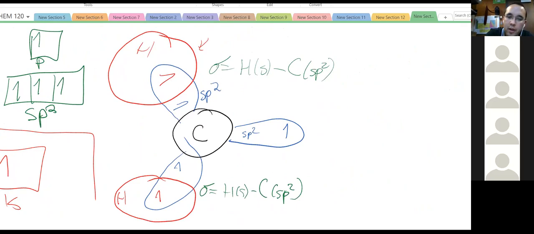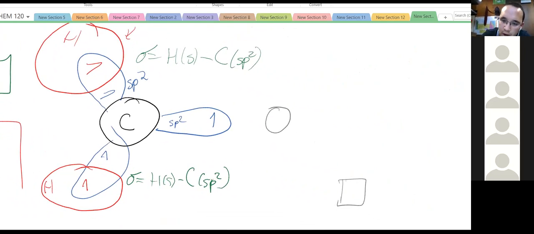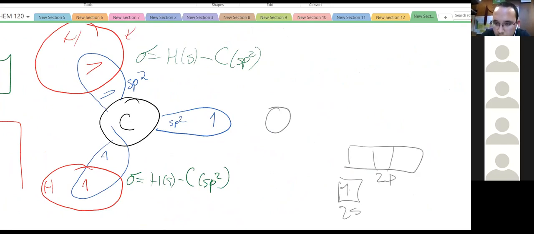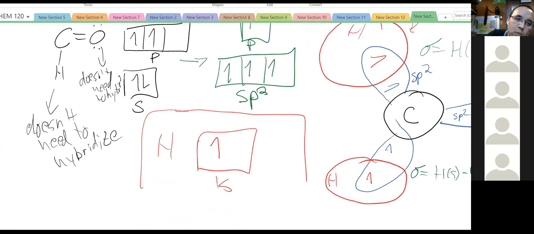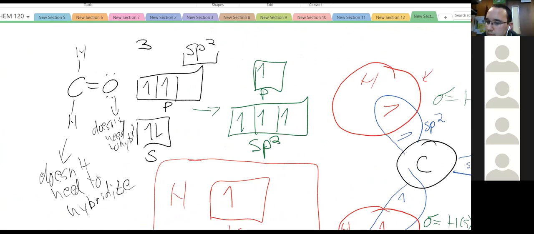Now, over here, we're going to have our oxygen, and oxygen had that orbital diagram of this. How many bonds did our oxygen need to form with this carbon? 2.